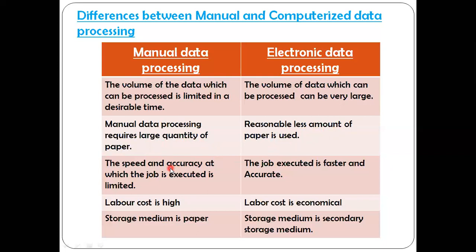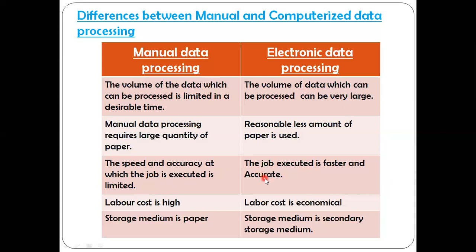The third point in manual data processing is that the speed and accuracy at which the job is executed is limited. Initially, the speed and accuracy are good. But as time goes on, we could not achieve the right speed and accuracy in manual processing.